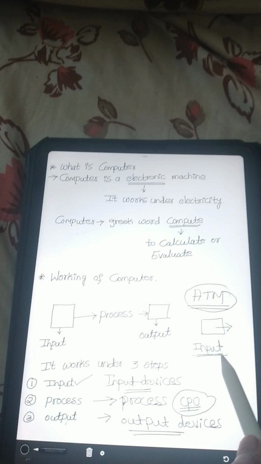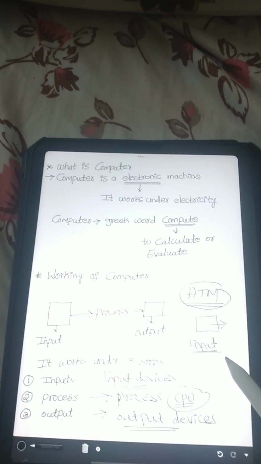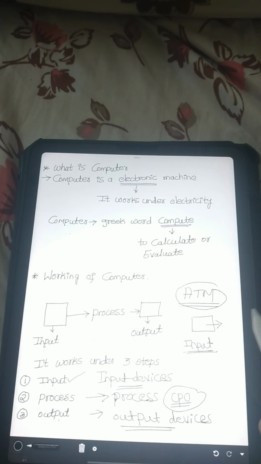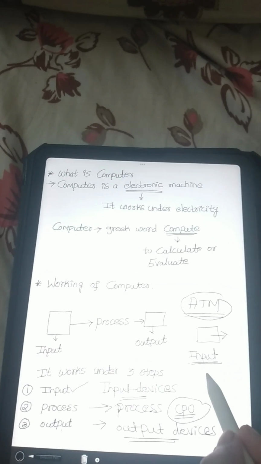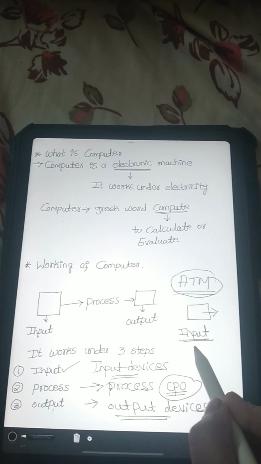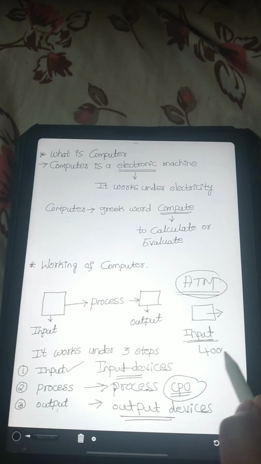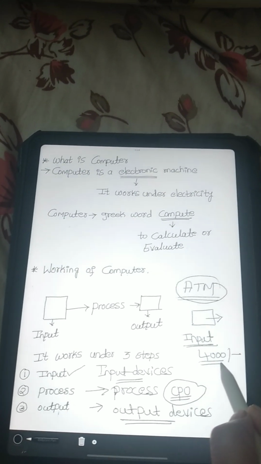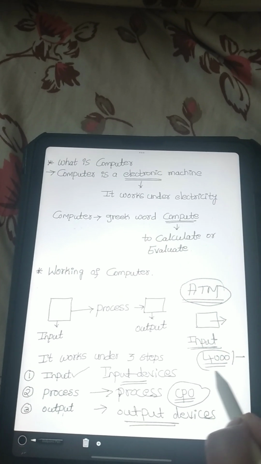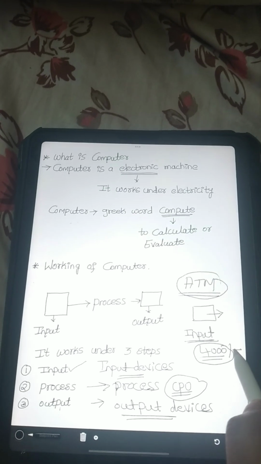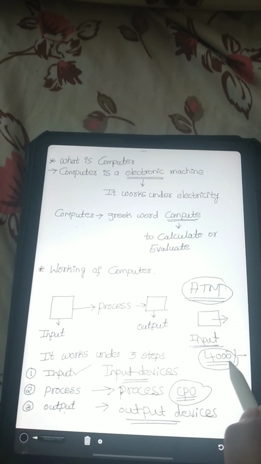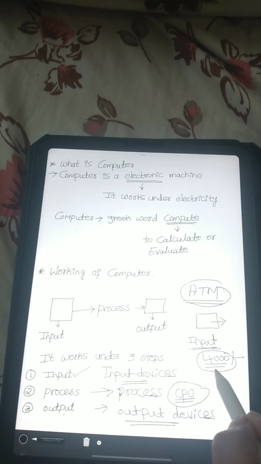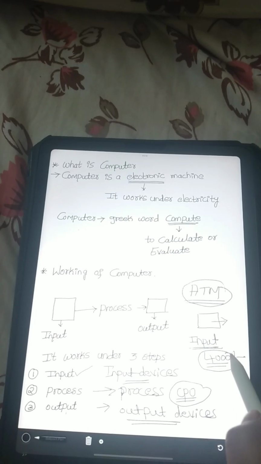Next it will ask for a language or a pin. We enter a pin with the help of the numbers. That is also input. For example, I enter 4,000 rupees for withdrawing money. This 4,000 that I entered is called input. Next it will start processing, meaning the machine will start counting 4,000 rupees.